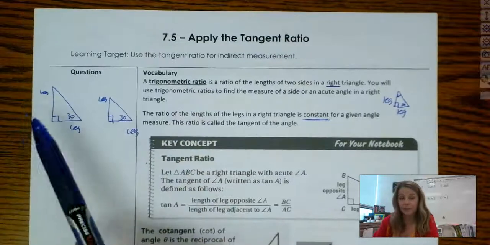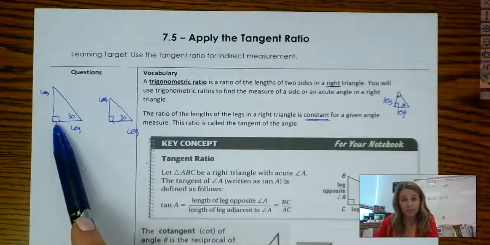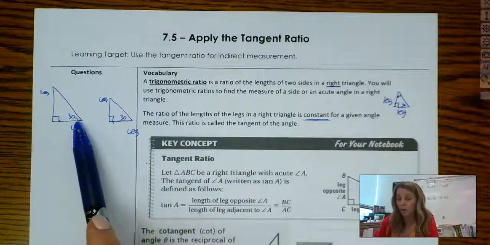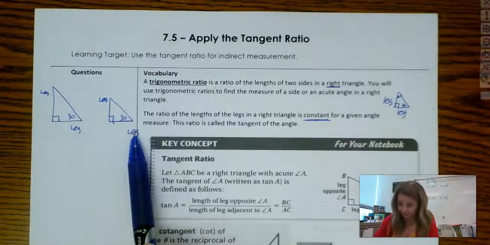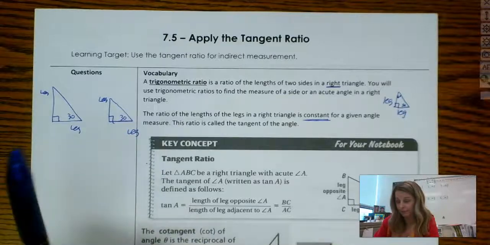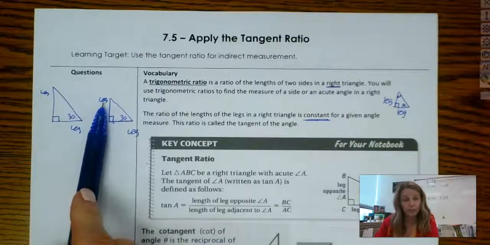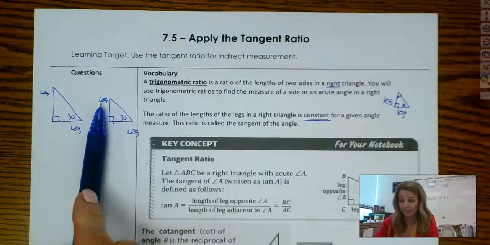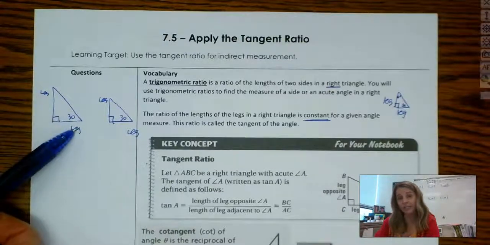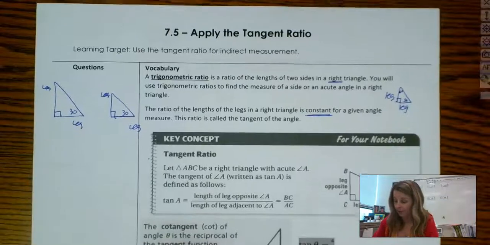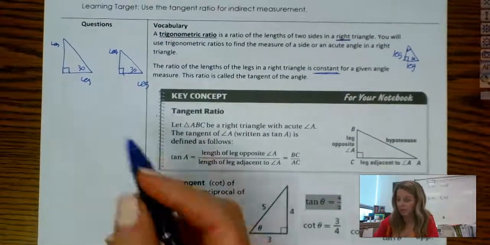First of all, I know these are similar by the AA similarity postulate. If they're similar, then the ratio of the legs is the same. So we can go one step further. If the ratio between the legs of two different triangles is the same, it's also going to have the same ratio of these two legs. All right, so let me just do one more thing here and then we'll move on.